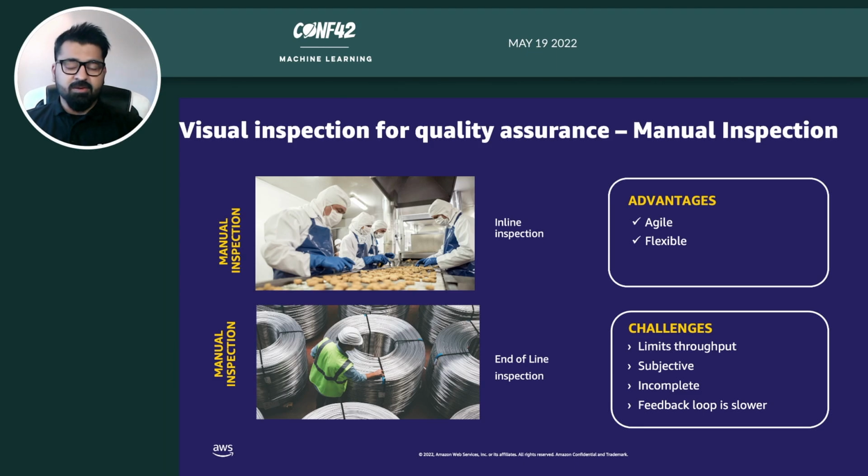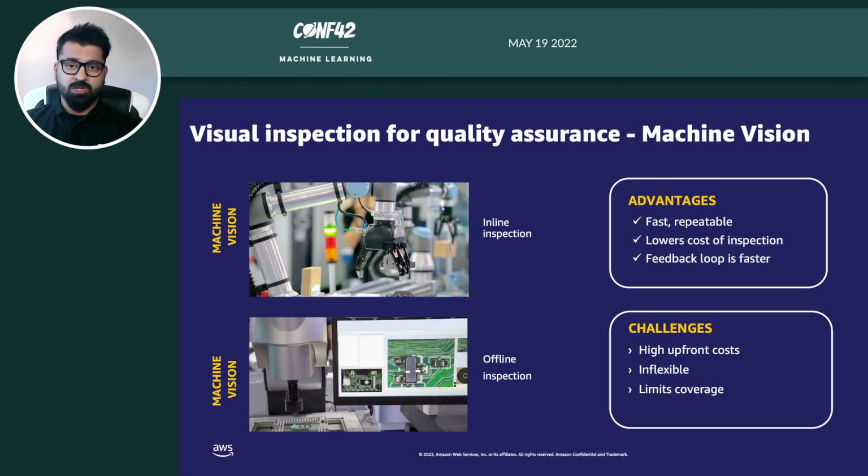And then, again, it's prone to human errors, so the results could be subjective or incomplete as well. There are machine vision solutions available as well, and although they're fast and repeatable with a lower cost of inspection and faster feedback loop, they have high upfront costs. They limit coverage and are inflexible and may need purpose-built hardware or cameras to be able to cater to automated defect detection.